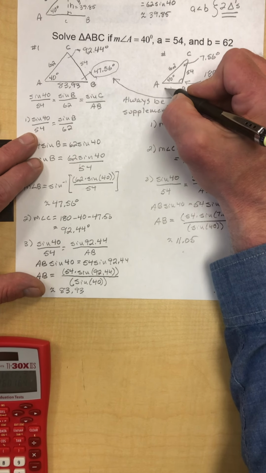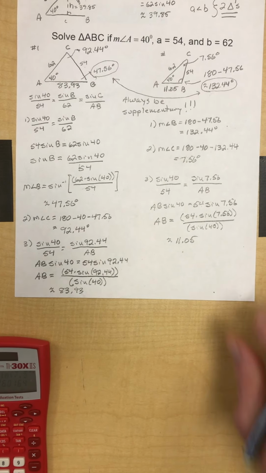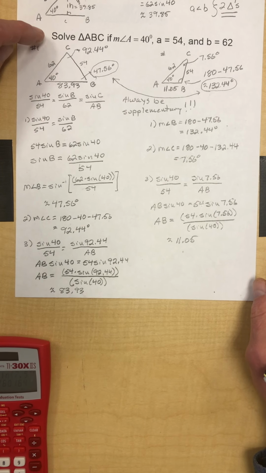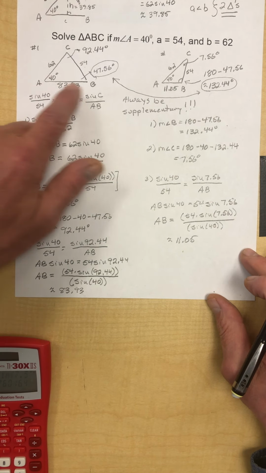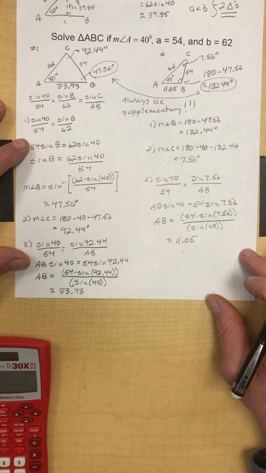So that means my AB is 11.05. That is the ambiguous case where, given the information available at the beginning, there are two possible triangles, and we have to solve for both of them.